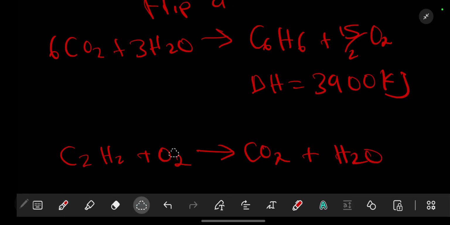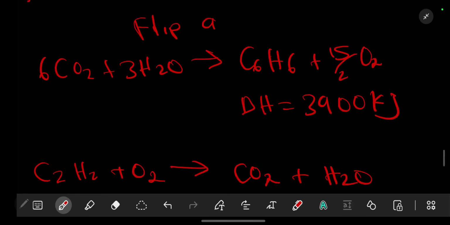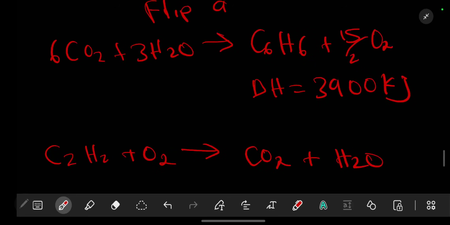So what we have is this. Then let's balance. So we need 2 carbons, 2 hydrogens are already there, oxygens are already balanced.